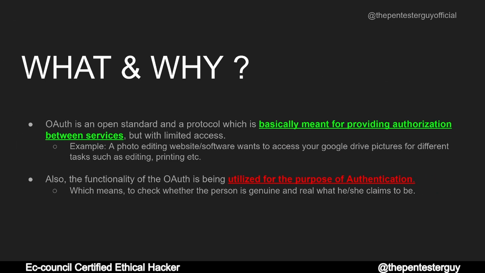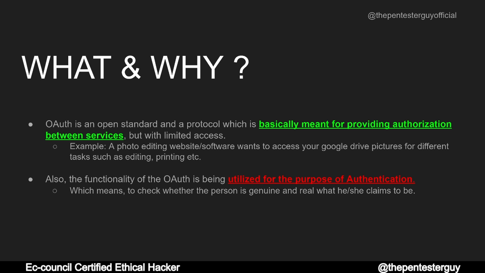So what and why? First of all, OAuth is an open standard and a protocol which was basically meant for providing authorization between services, but with limited access. Suppose there is an application using which you can edit photos.